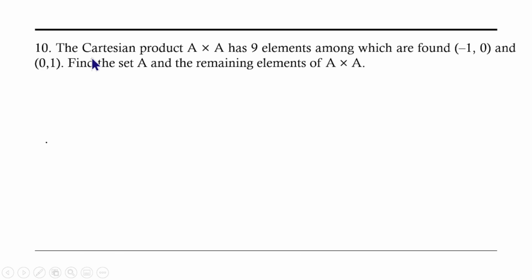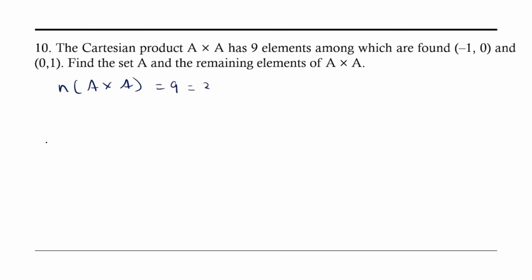Next question, the Cartesian product A cross A has 9 elements, among which are found (-1, 0) and (0, 1). Find the set A and the remaining elements of A cross A. So it is given the Cartesian product A cross A has 9 elements, that is n(A cross A) is 9.